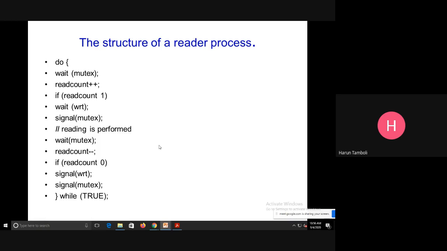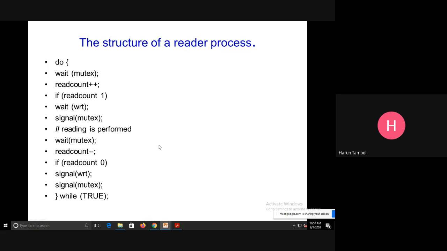So after performing this wait operation on the write semaphore variable, no other process can perform writing. After that it performs the signal operation on mutex. So mutex will be incremented to 1 so that the read count becomes free, so other processes can enter for the read count and then perform the reading.